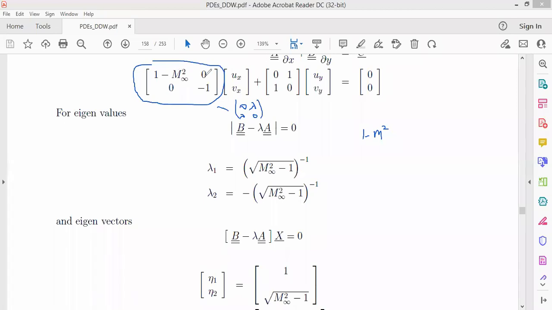This one will be minus lambda here. Then here element-wise, this minus this one is also minus lambda here. And then you have a minus 1 here. The parameters. So this is what you have. You are computing the determinant of this one, and that is equal to 0.